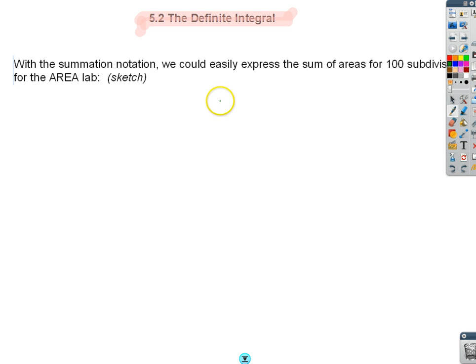What we said was that my general idea for coming up with a left RAM and right RAM was that for my LRAM, the general form is going to be delta x summation k equals 0 to some number n minus 1, the number of rectangles minus 1, of f of delta x times k.